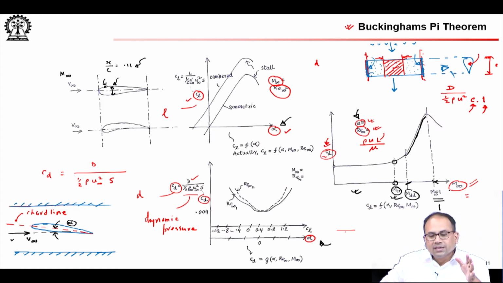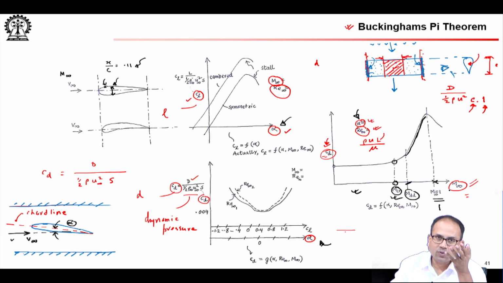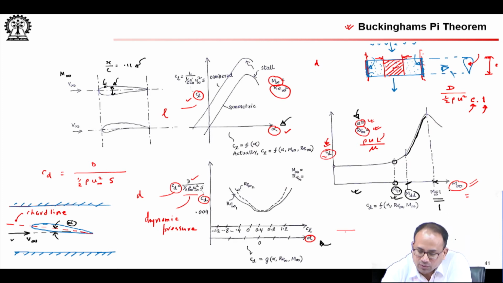Again, 0.8 is not a universal number, it will differ from airfoil to airfoil, but nonetheless, ballpark, it is somewhere south of Mach 1, could be Mach 0.7, 0.75, 0.85, etc. But drag divergence lies somewhere between the critical Mach number and the sonic free stream Mach number, and at this point you see it is not that the drag becomes enormous, but the drag starts becoming enormous.